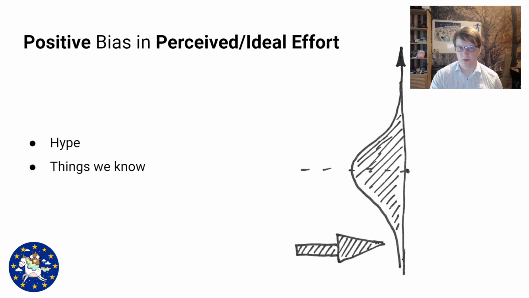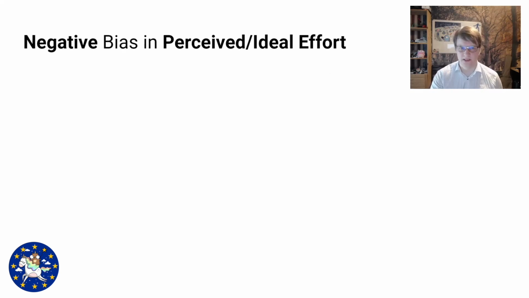Similarly, things we know we perceive to be taking less effort because we know them. Like it will take less effort because other people who don't know it will take longer. That's kind of slightly obvious, but, and of course, tools we know very well will make our bias positive.